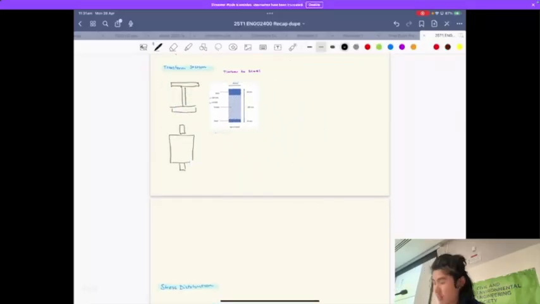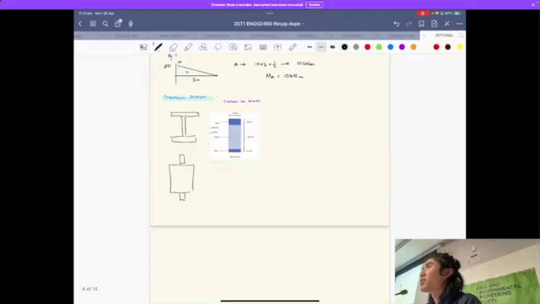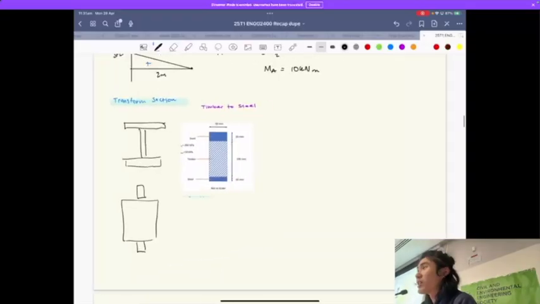Okay, do you see how the transformation works? Just a reminder, when you're transforming your section, it's only the breadth that changes.